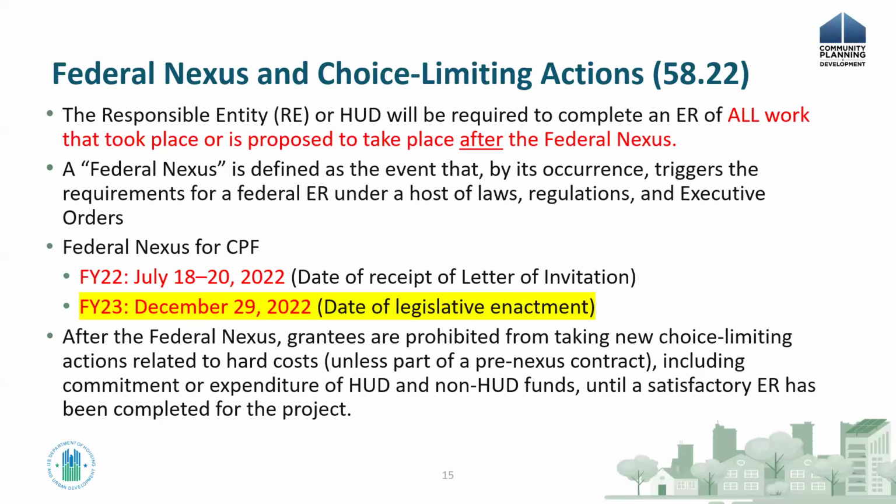Just real quick, if you've also attended an environmental review session for 2022 cohorts, you'll see that federal nexus information is different than the legislative enactment date. So just important to know for this group, the federal nexus date is December 29, 2022, which is also the enactment date.